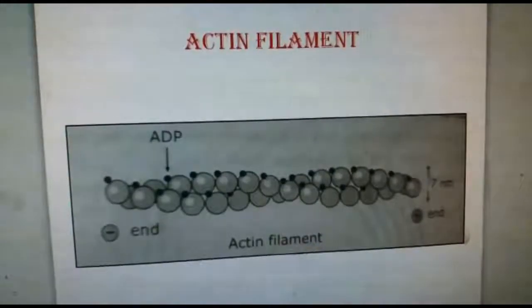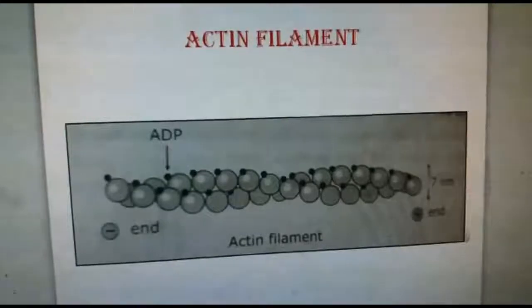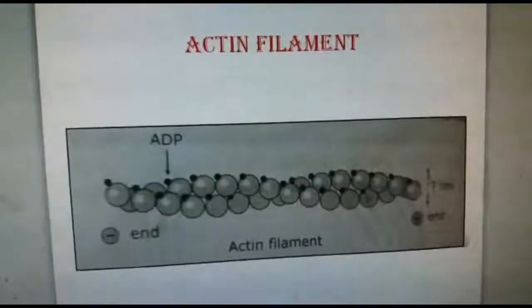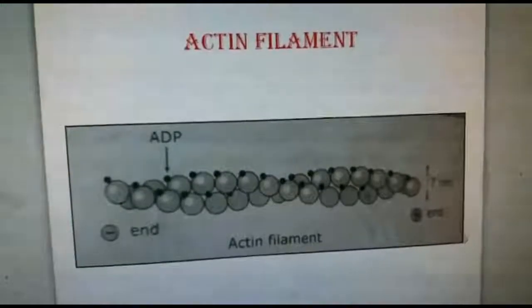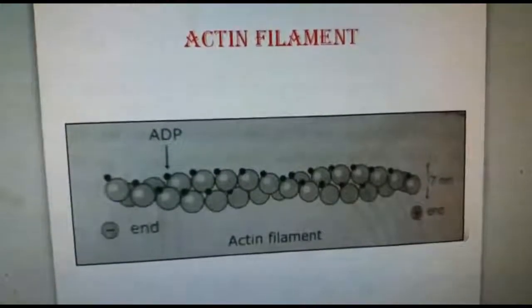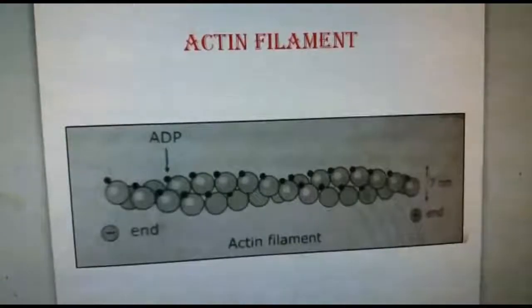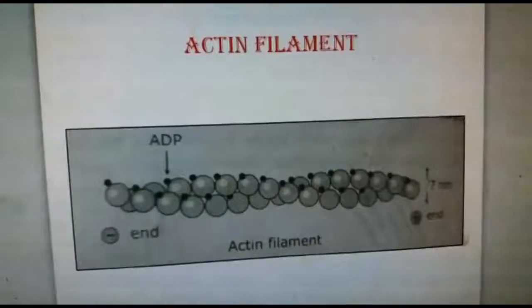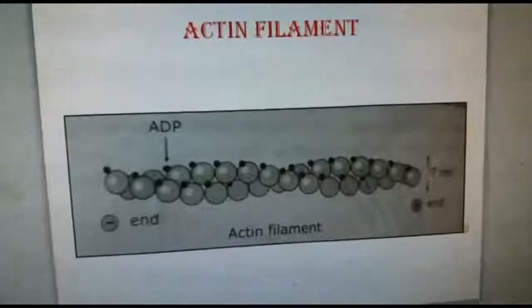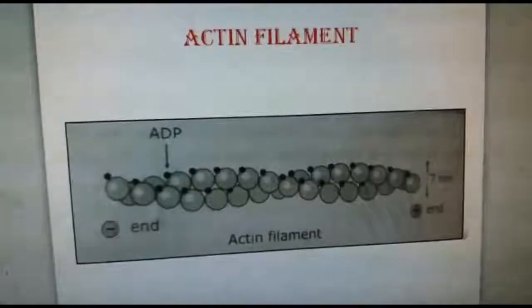The globular G actin is a 43 kilodalton ATPase, and like tubulin, it has a binding site for a nucleotide. But the nucleotide is ATP or ADP rather than GTP or GDP. Each G actin contains a magnesium ion complexed with either ATP or ADP.